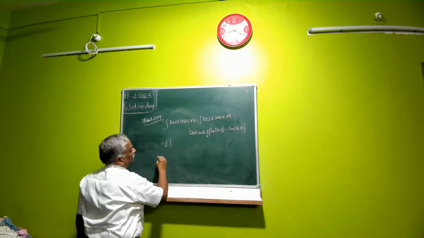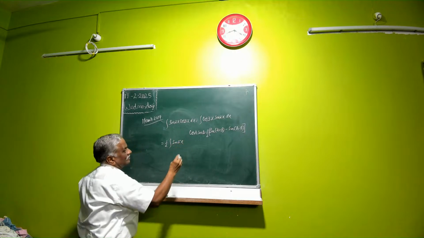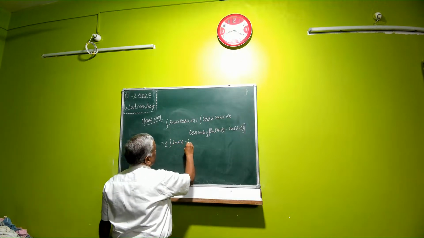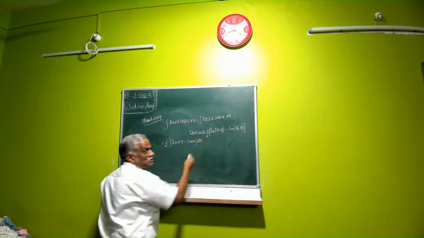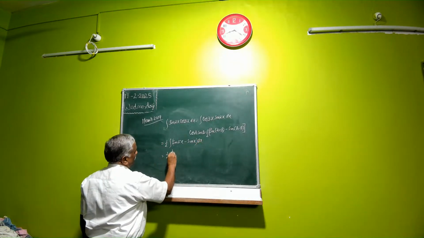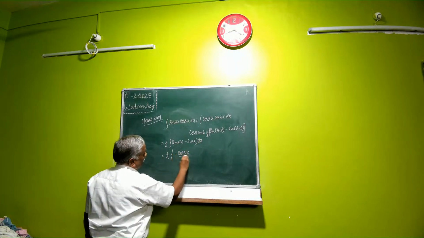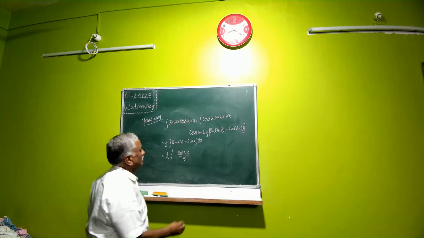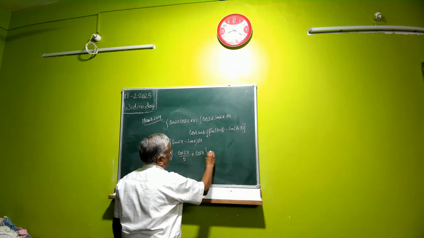Integral of sin of A plus B, that is sin 5x, minus sin of A minus B, sin x, dx. Once you use the formula, it becomes so easy. Half is outside. Integral of sin 5x is minus cos 5x by 5. And sin x is plus cos x, because minus sin x is plus cos x.